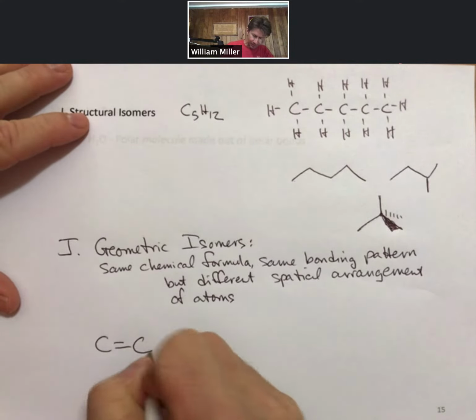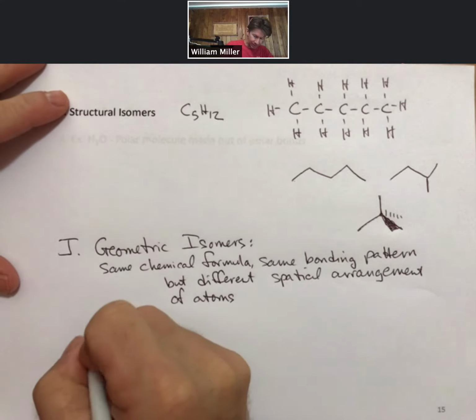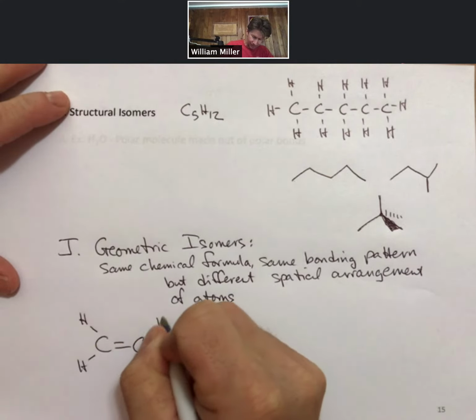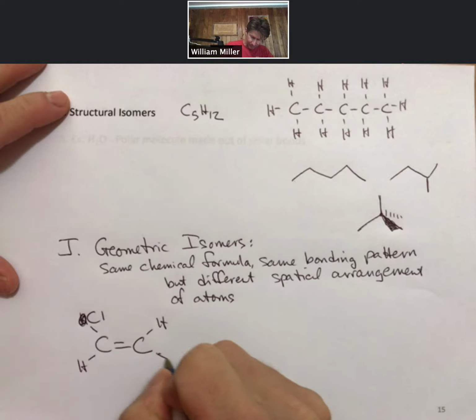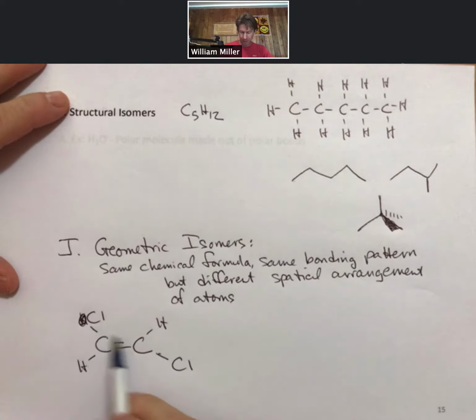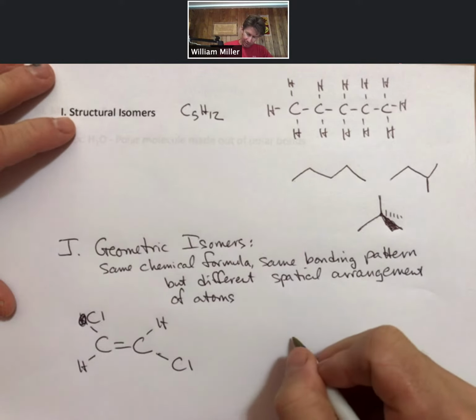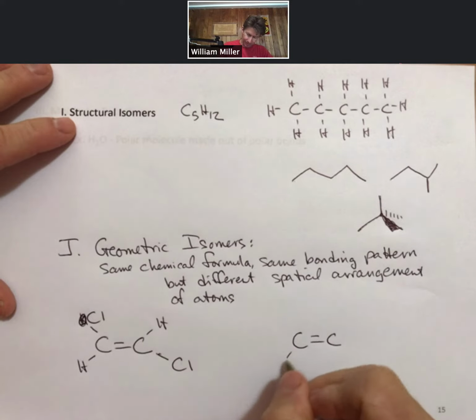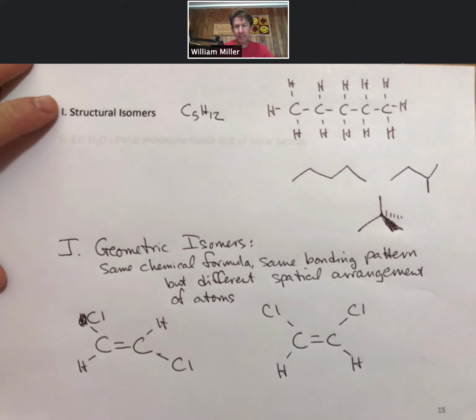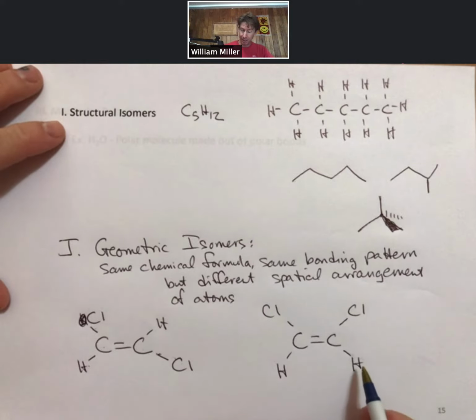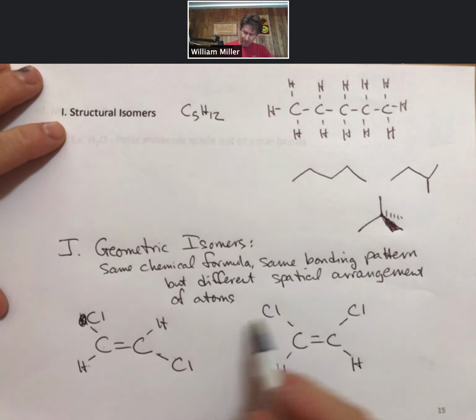If we look at a molecule that does have a double bond, and we simply, let me go back here, take and have 2 chlorines, 1 on each carbon, and 2 hydrogens, and then we compare it to another molecule with the same formula, same bonding pattern, meaning that this carbon has a chlorine and a hydrogen, as does the other one, as does both of the carbons in the other isomer, but different spatial arrangement of atoms.